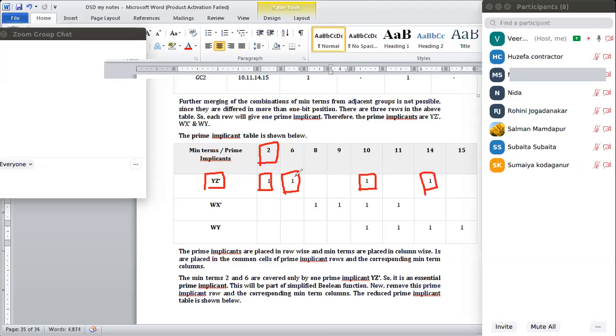Now in the second column, the value 2 column, there is only one single bit value, which is 1. And here in the 6 also, there is only 1. I don't have any value which can be combined with this one.